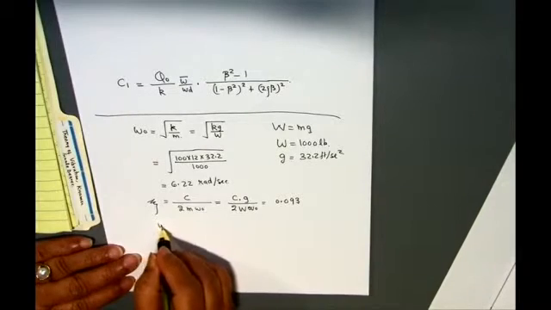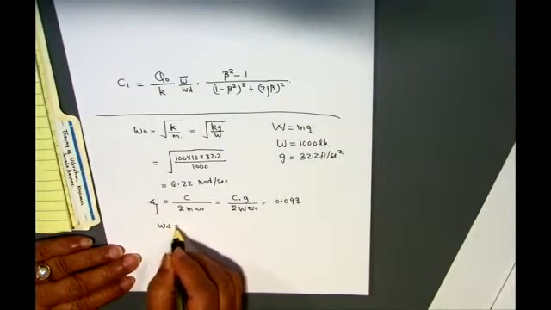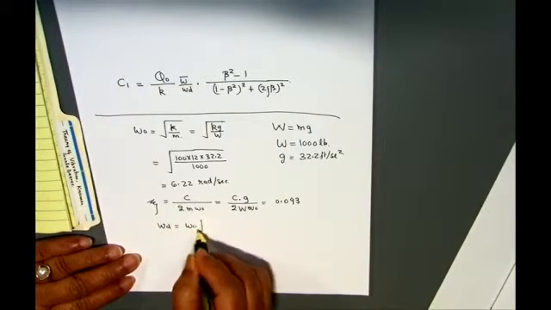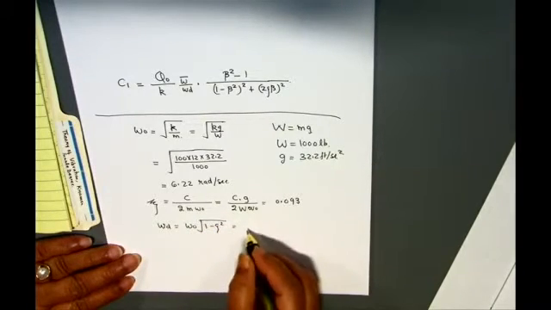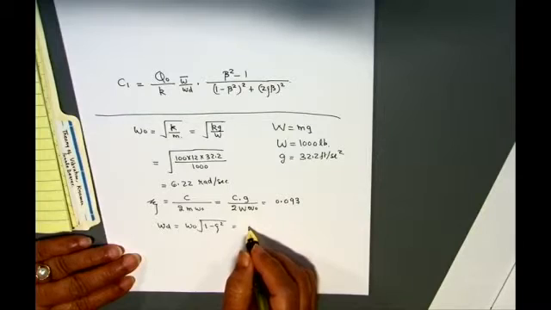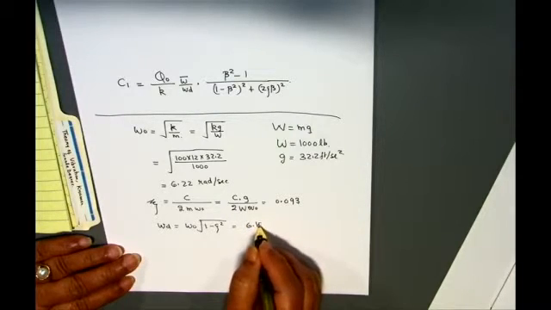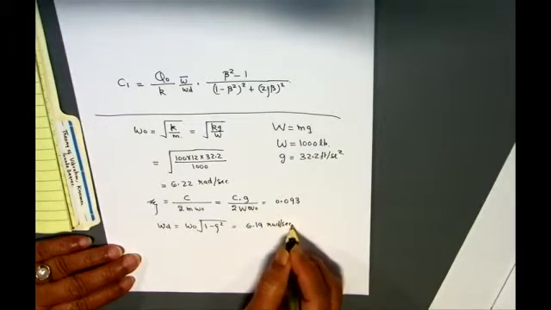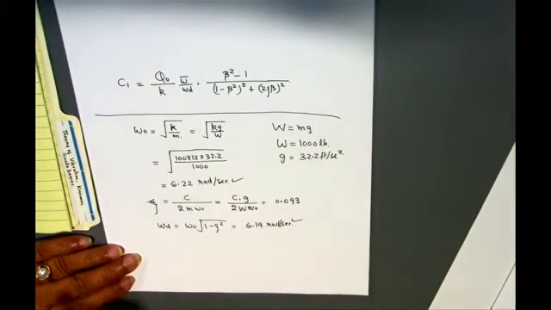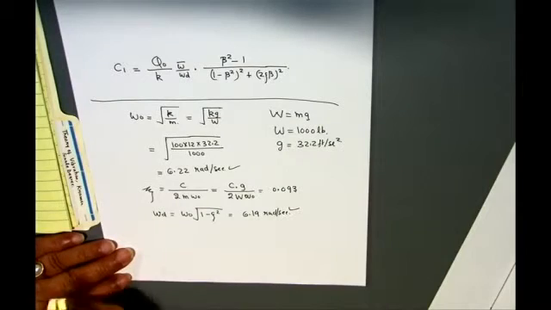We also can calculate omega d, which will be omega 0 times the square root of 1 minus zeta square. We know the value of zeta, and this comes out to be 6.19 radians per second. So you can see there is not much difference between damped frequency and undamped frequency.